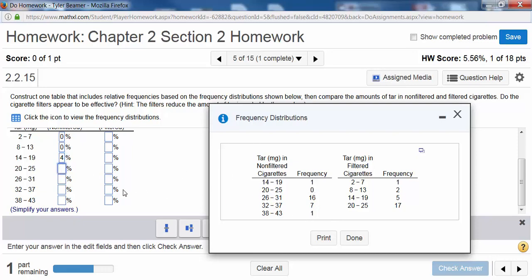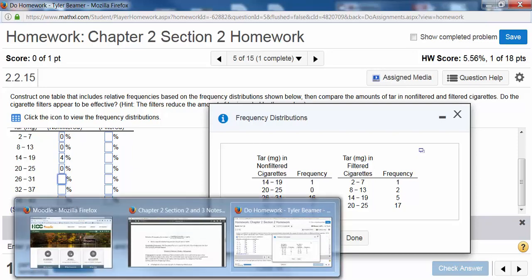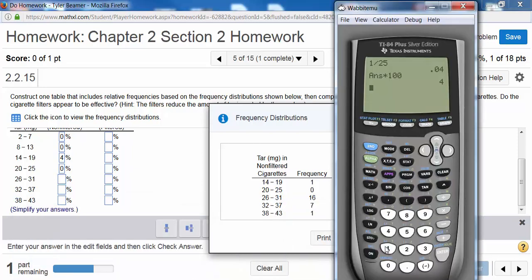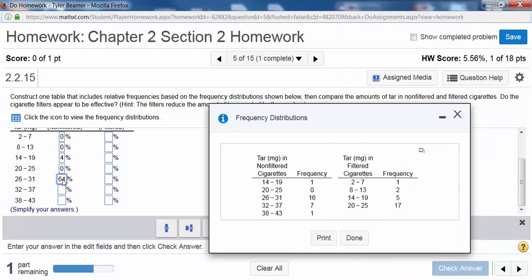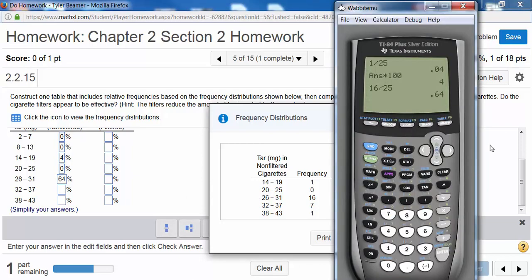Okay. I have 0 data points in the 20 to 25 class, so that would be 0% again. 16 data points in the 26 to 31 class category. So then 16 divided by a total of 25 data points gives me 0.64 or 64%. And 7 divided by 25, which is the next class, is 28%.